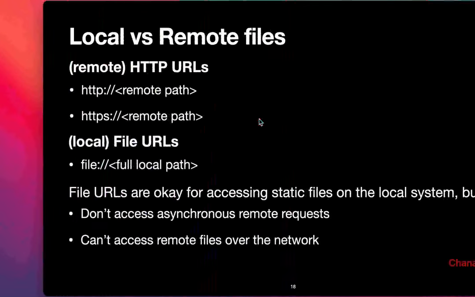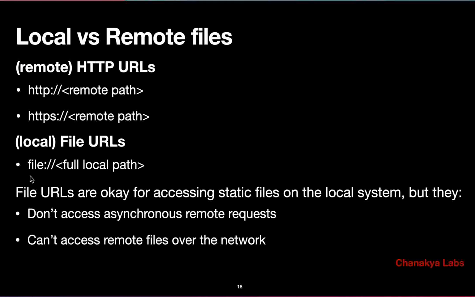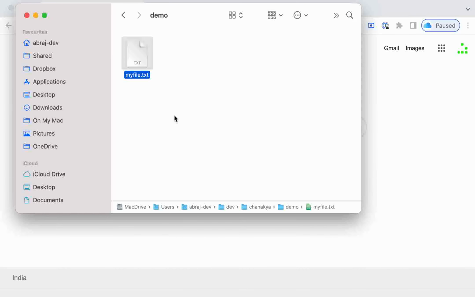But how do you do that? You do that by writing file, colon slash slash, as with a normal protocol. However, after that you have to write the full path of the file which you are trying to access via the browser.